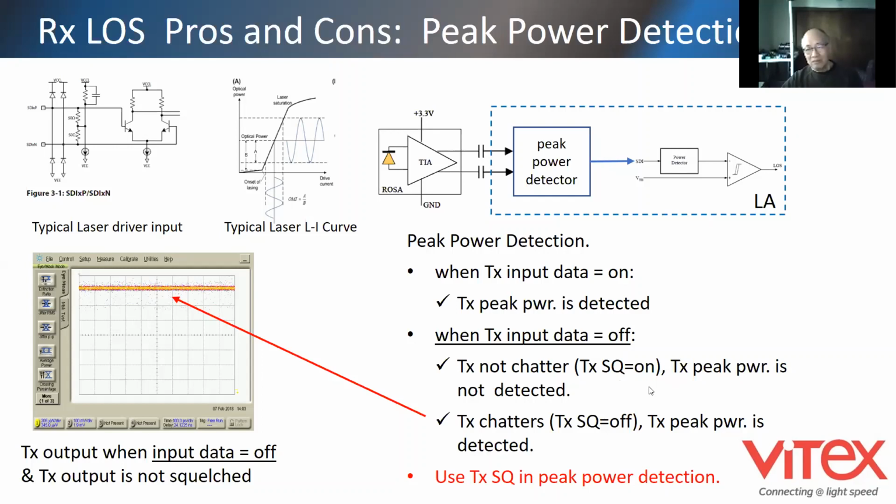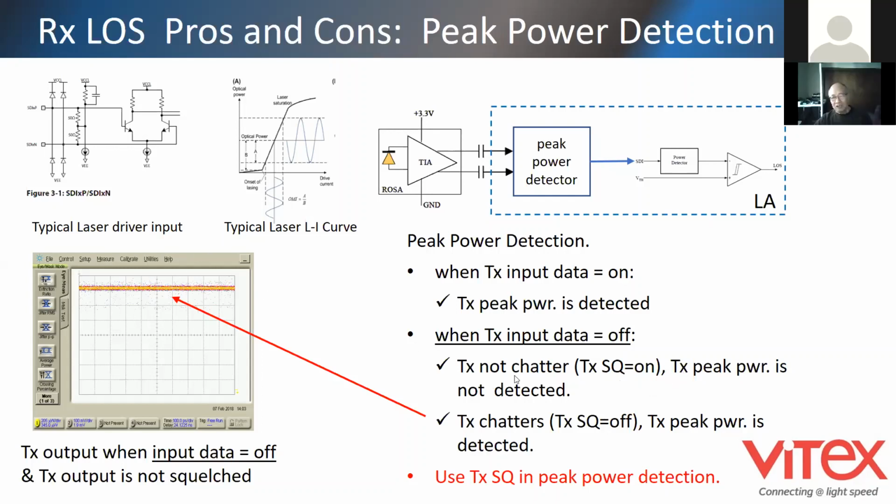In that scenario, the transmitter peak power is not detected, right? Because there is nothing except a DC line. Scenario number two, when the transmitter squelch is off, the transmitter peak power is detected simply because, let's go to this picture here.